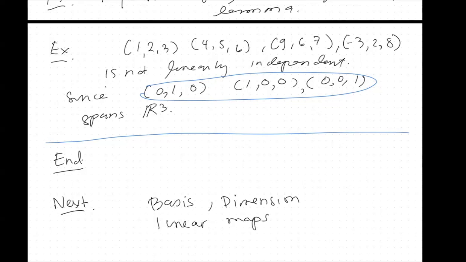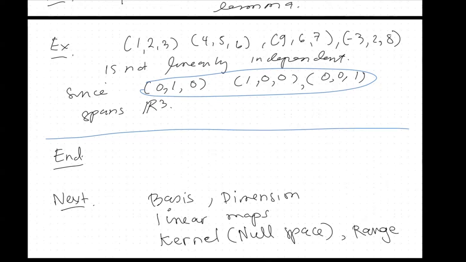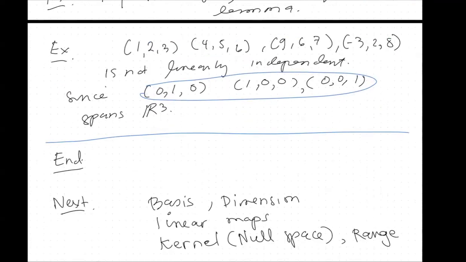Some books call it linear transformation. Associated with a linear map are two subspaces: the kernel, which the book calls the null space, and the range space, which some books call the image. So this is the topic for the next video lecture.